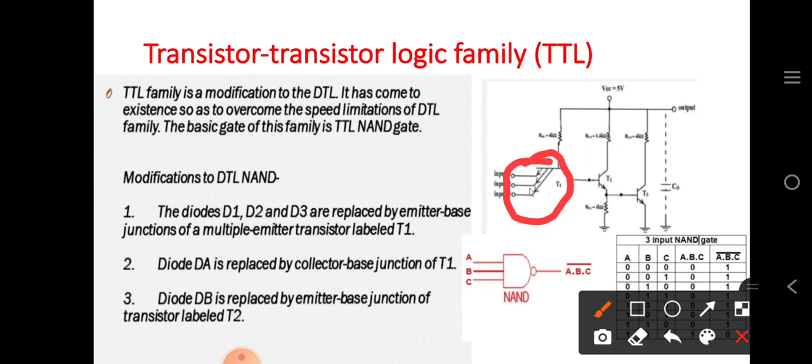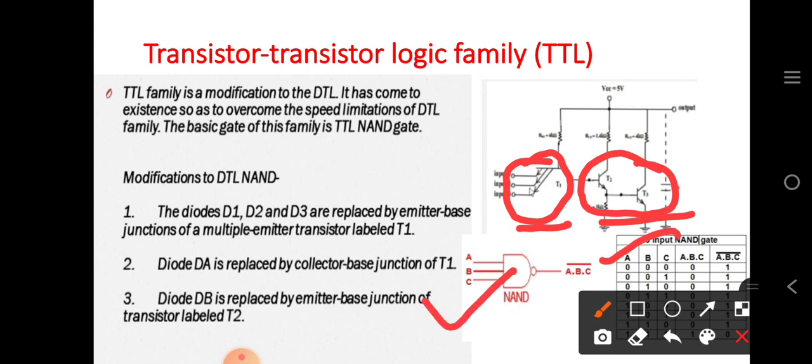Now these 3 diodes are replaced by the emitter junction. And here 2 diodes were there which are replaced by the 2 transistors T2 and T3. So if you compare DTL and TTL, then there is a replacement of this part and this part. The other circuit diagram is similar, the symbol is also similar, and the truth table is also the same. That is for the 3-input NAND gate.